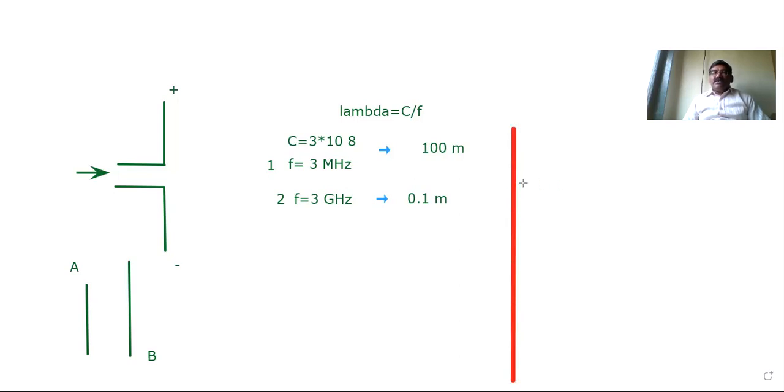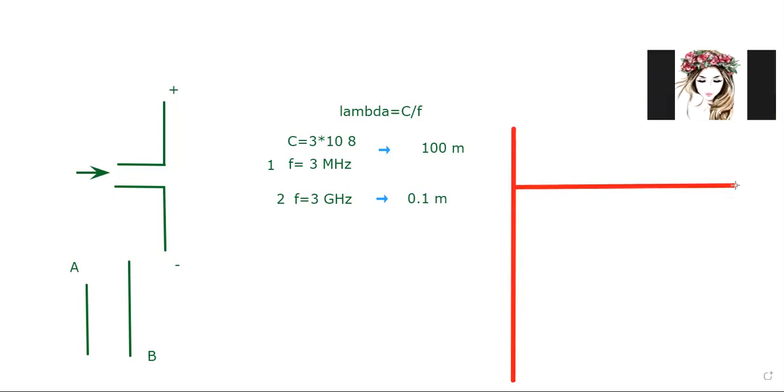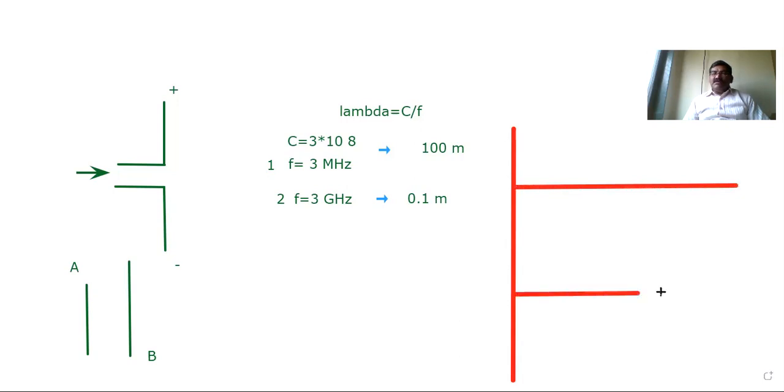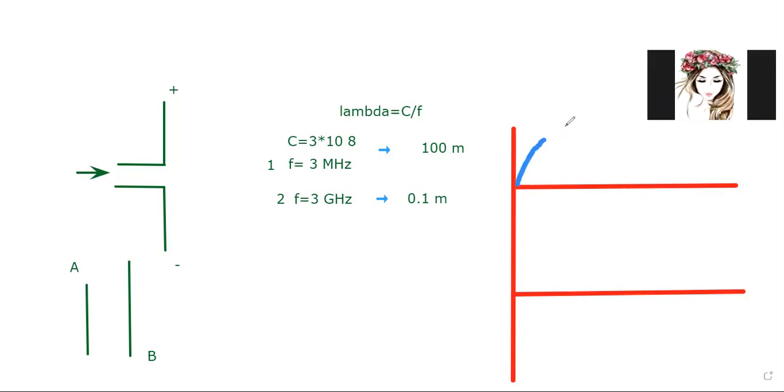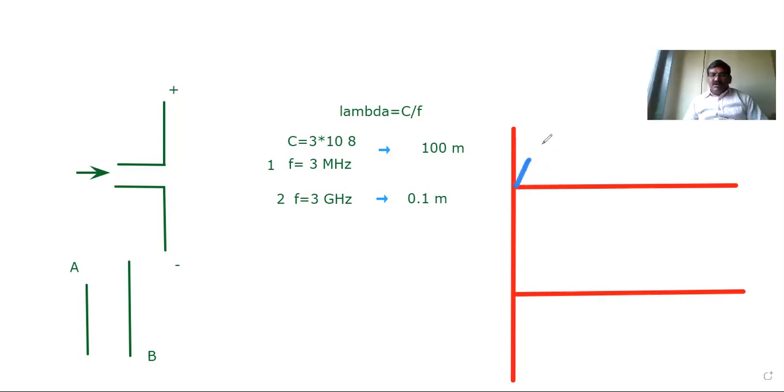I'll take two examples, one for example number 1 and another for example number 2. First, we are going to understand what is the physical significance of lambda. Can you explain what the physical significance of lambda is? This is your positive half cycle and this is the negative half cycle.